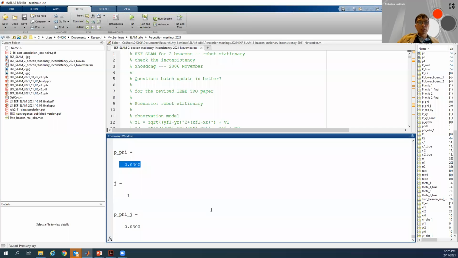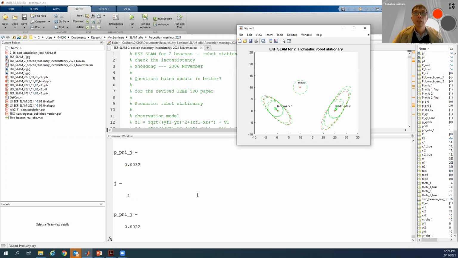And after a few steps, this uncertainty starts to reduce. At step 3, the uncertainty becomes 0.003. And then as you keep observing the features, you will get a smaller and smaller variance of this orientation uncertainty.